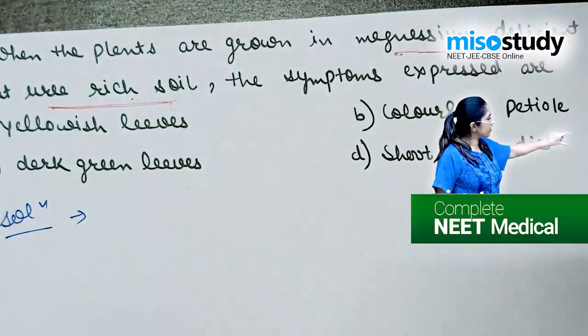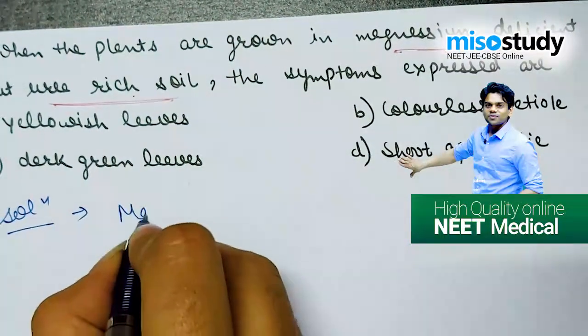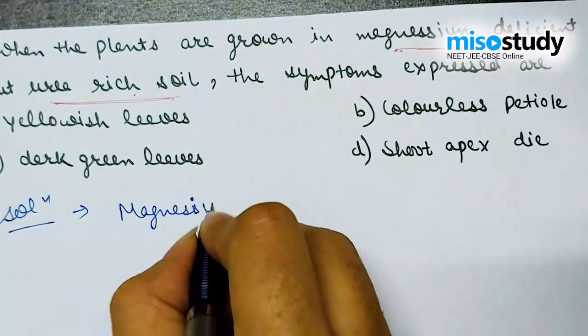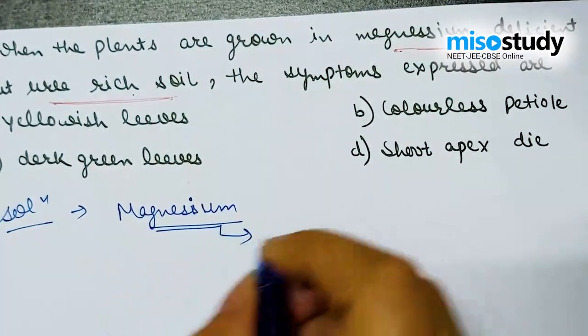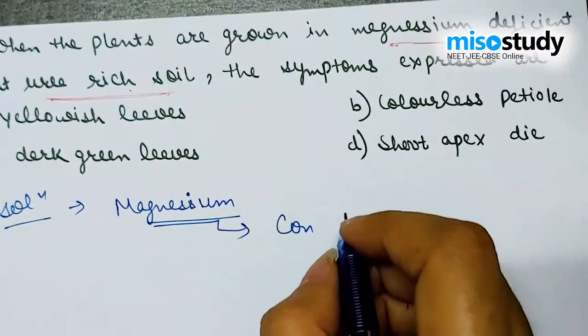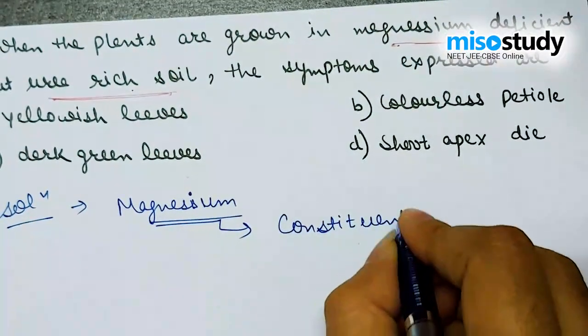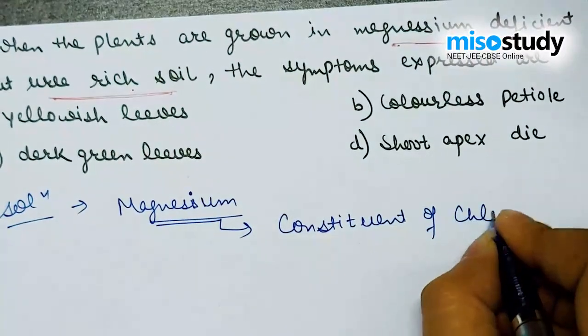When we discuss the condition, we all know that magnesium is very important as it is an essential element. Apart from that, it is an important constituent of chlorophyll.